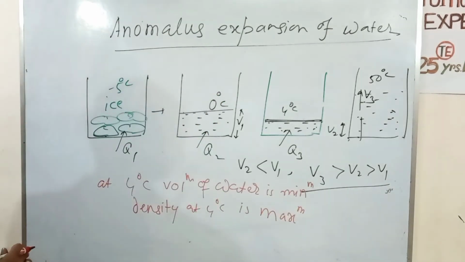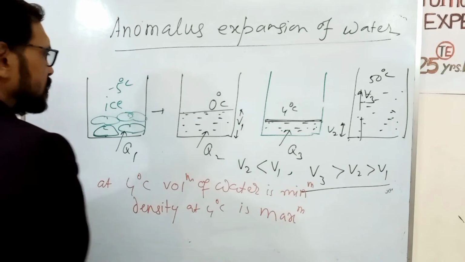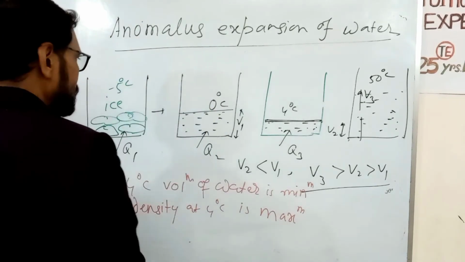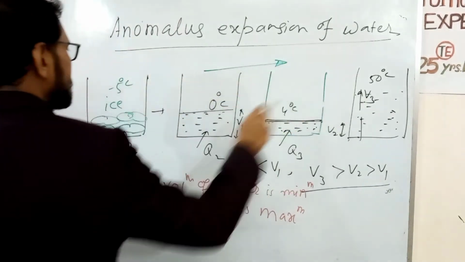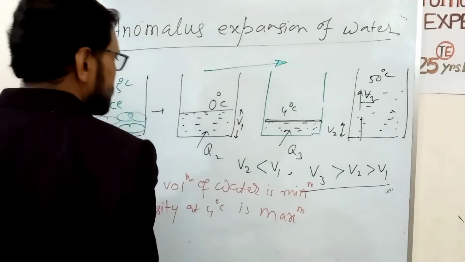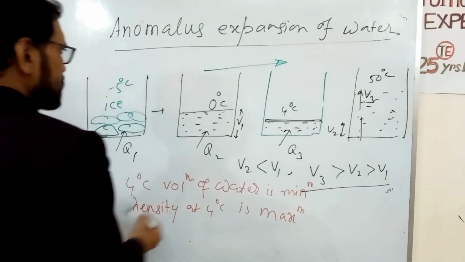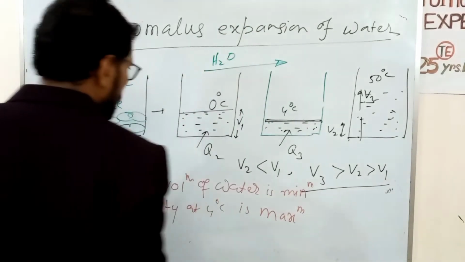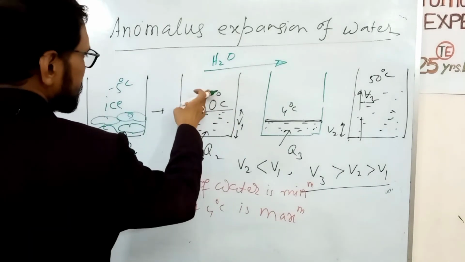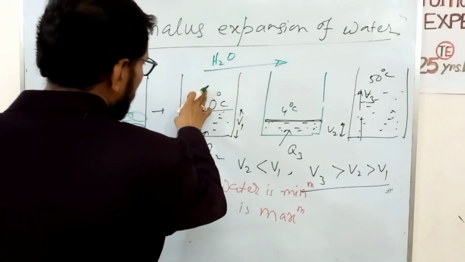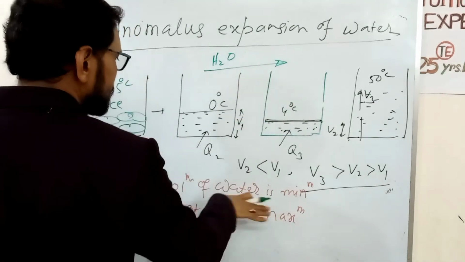But for a general liquid, for any other liquid, as the temperature rises, the volume gradually increases. For water, when the temperature rises from 0 to 4 degrees centigrade, the volume decreases.